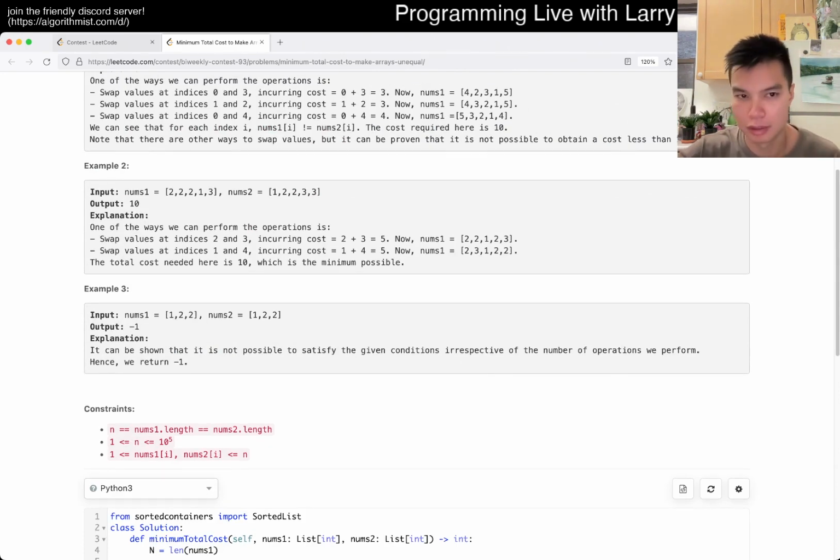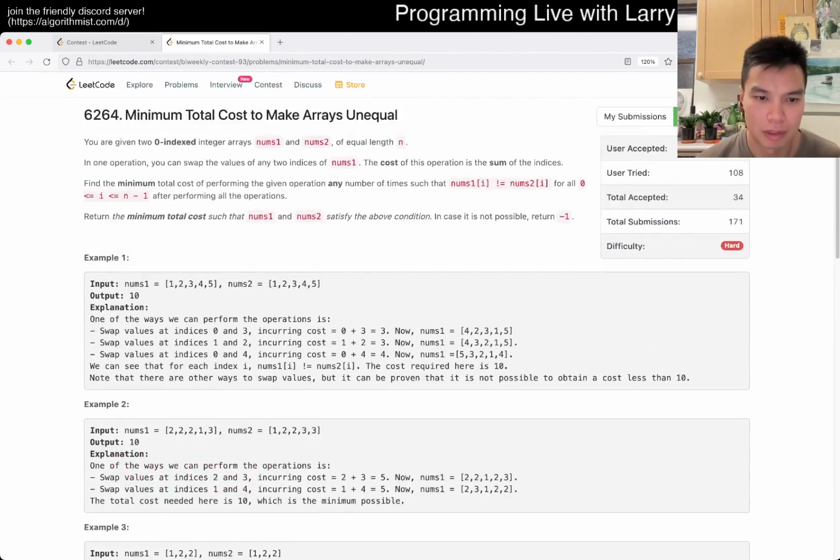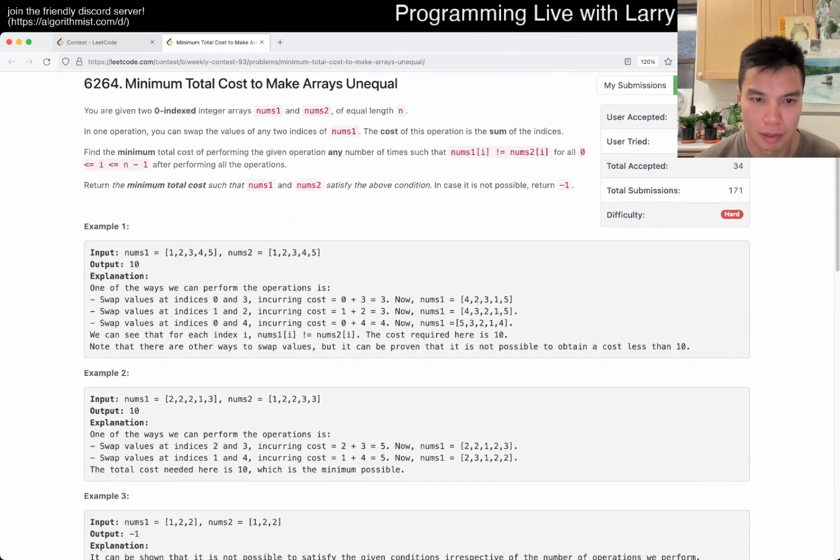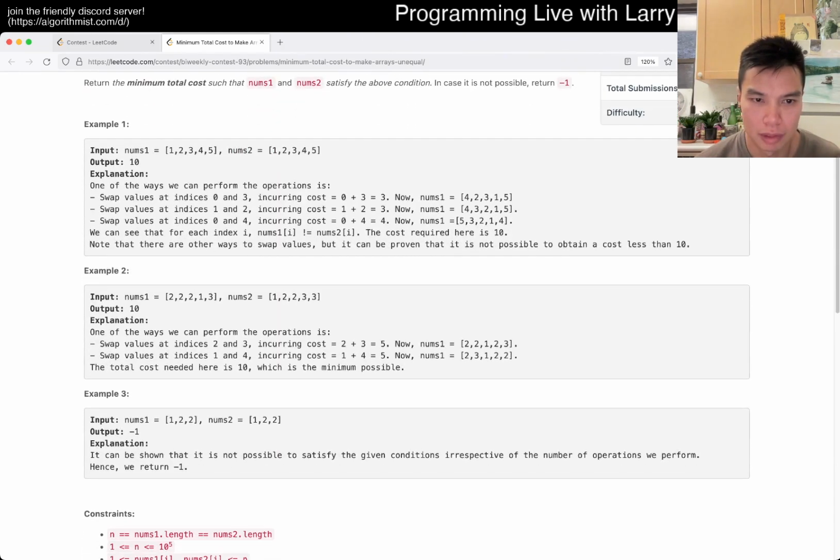Can we sort it? What happens when we sort it? Well, we sort it here, that's fine. We sort it here, what do we get? 1, 2, 2, 2, 3, 1, 2, 2, 3, 3.